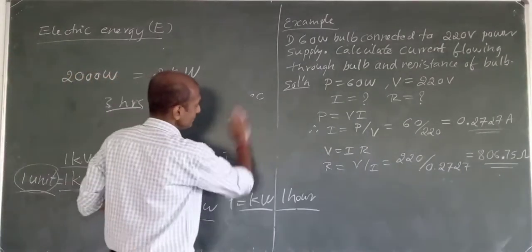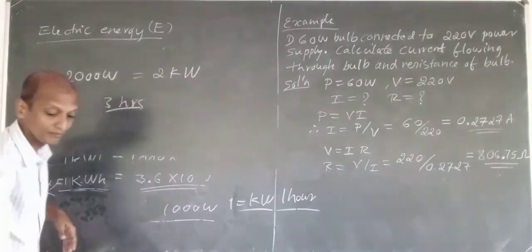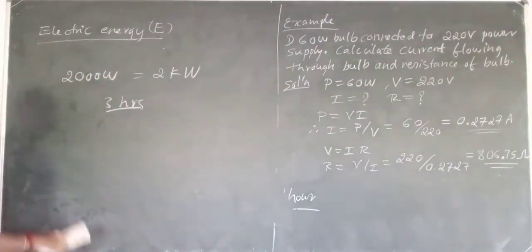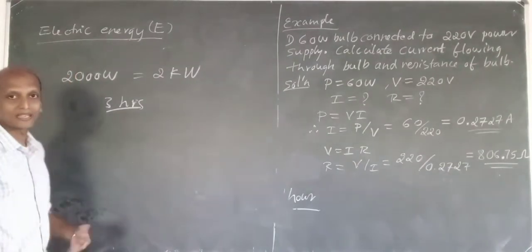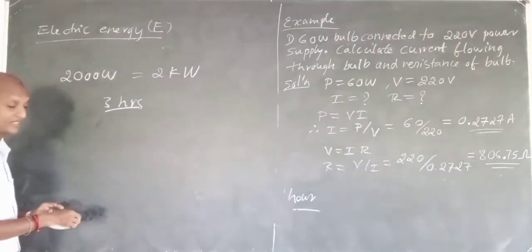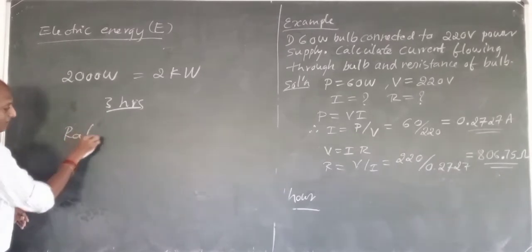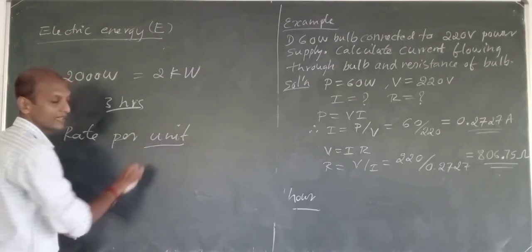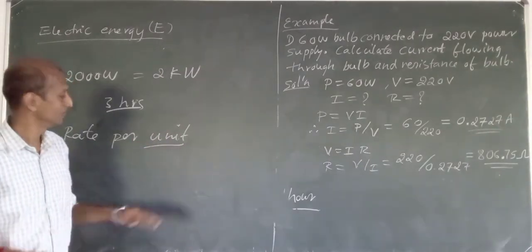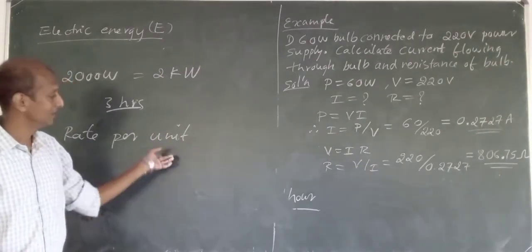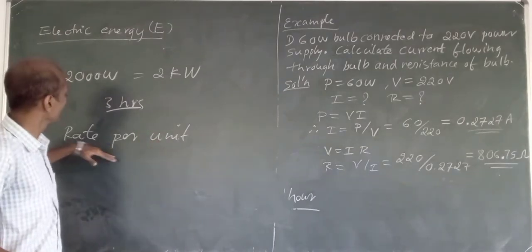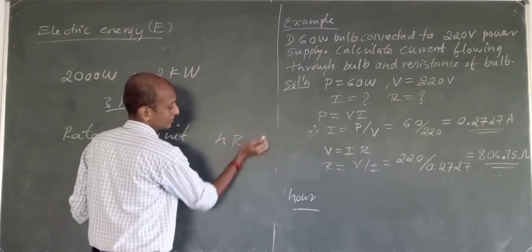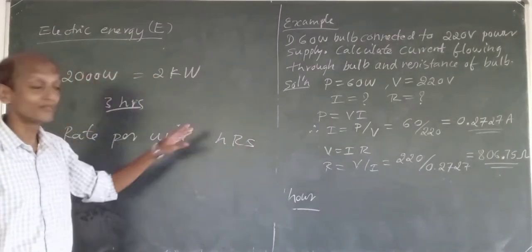Then we will calculate your rate per unit of electrical energy consumption. This is the thing in your home electricity bill in terms of units. Say the rate per unit is 4 rupees.